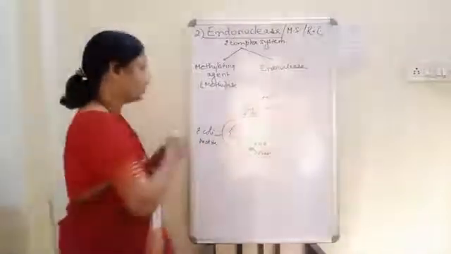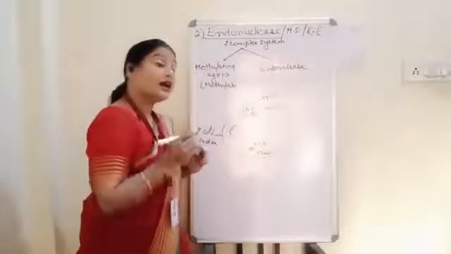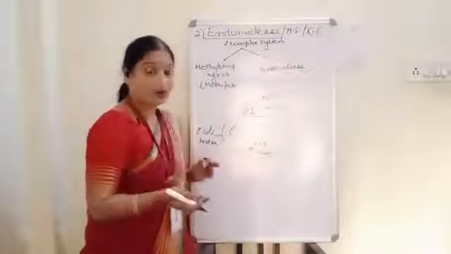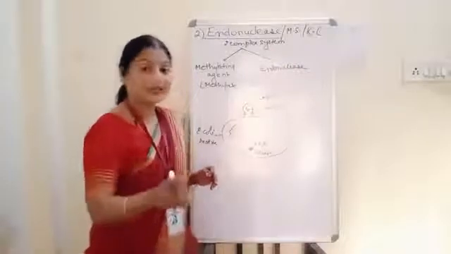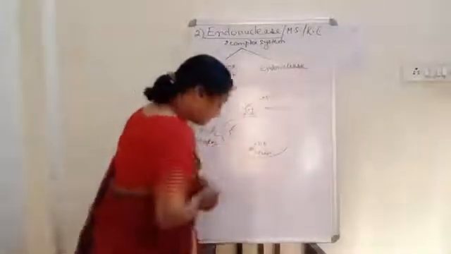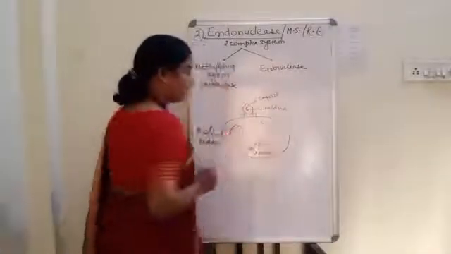Clear? Suppose this virus enters into the body. Now, how will the virus enter? This we have already studied, by the process of injection. It will inject its viral DNA and the DNA will enter into the host cell.